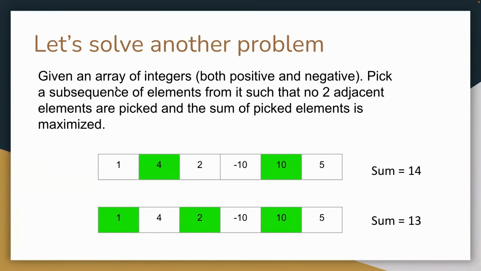Is the question clear to everyone? And is the example also clear? Like what is happening here? This is the array that has been given to you.